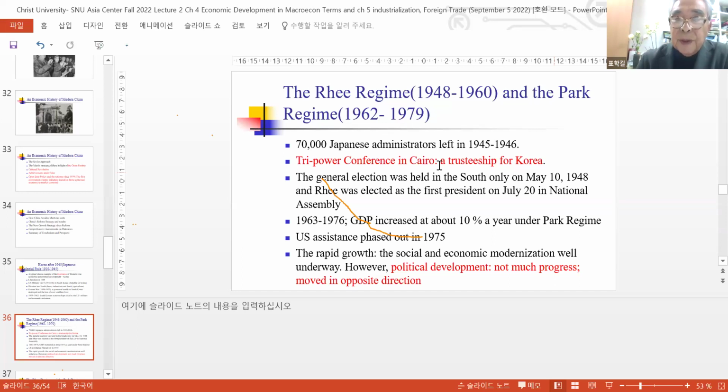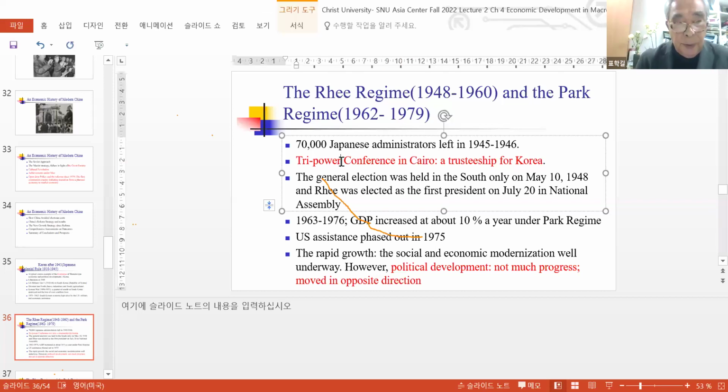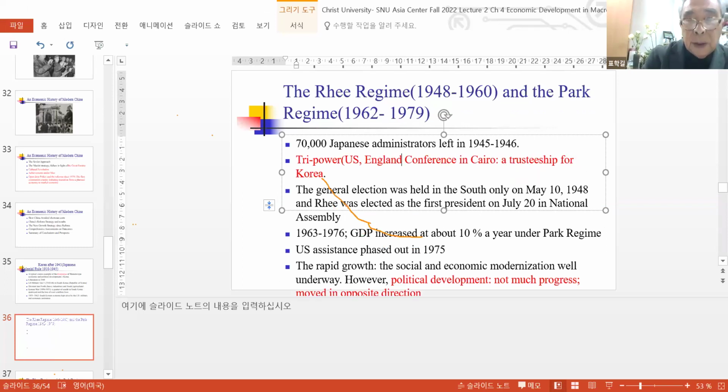Therefore, these tri-power conference in Cairo, who participated? US, England, and the Soviet Union.